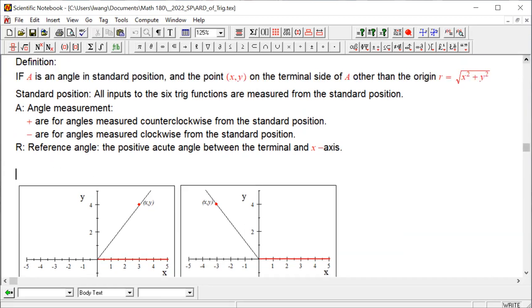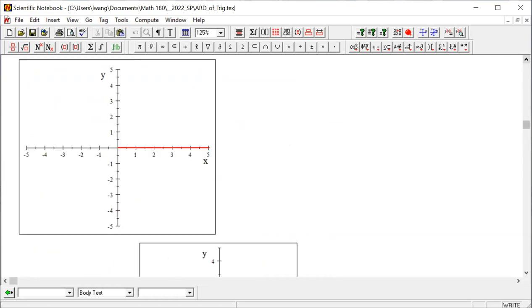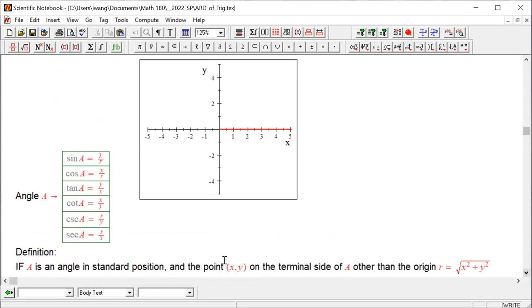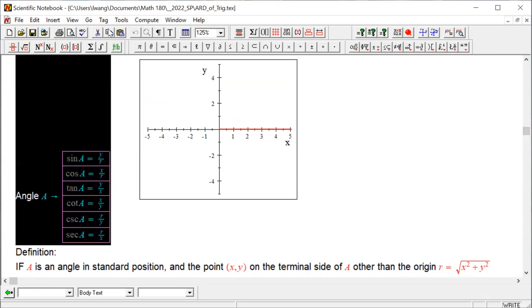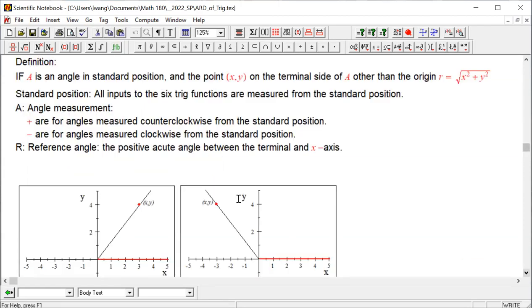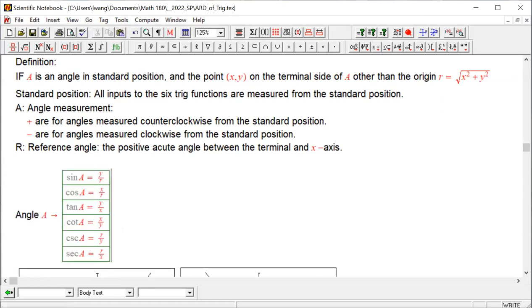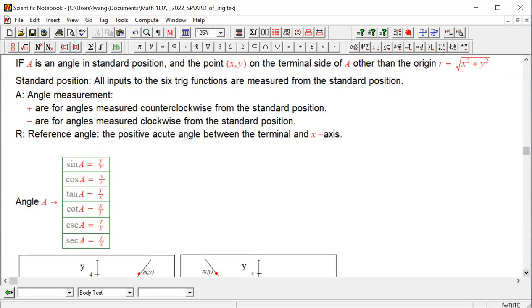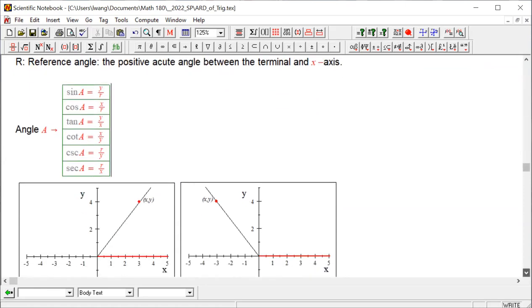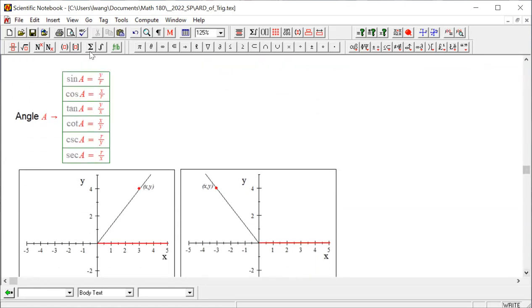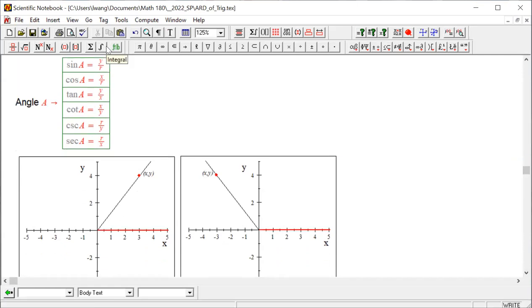So if you look at the function definition, let me bring it back right here. In this particular example, in the first case, when the terminal is in the first quadrant, what do we get?